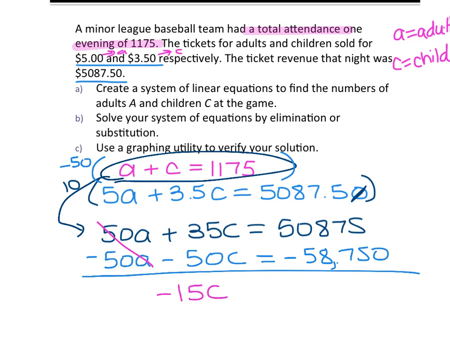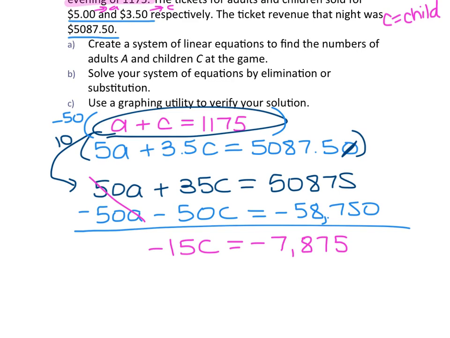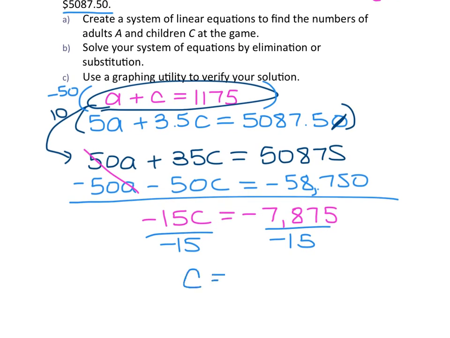Subtract 50,875 from 58,750, and I get negative 7,875. Divide both sides by negative 15, and I get the number of children's tickets, 525 tickets.